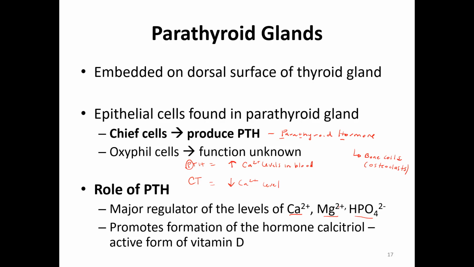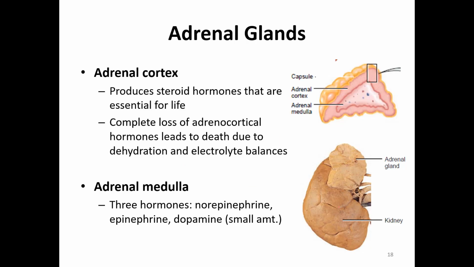The next group of glands that we're going to talk about are the adrenal glands. And the adrenal glands, remember we said, had another name. We can also refer to them as suprarenal.